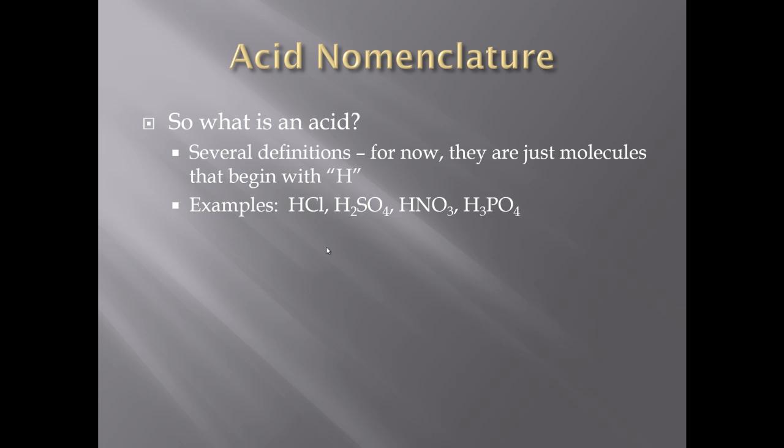For now, in terms of nomenclature, it's just something that starts with hydrogen, the H. Here are several examples: HCl, H2SO4, HNO3, H3PO4. Those are all acids because they clearly begin with an H. Now it can be 1, 2, 3, all sorts of different numbers of hydrogens.